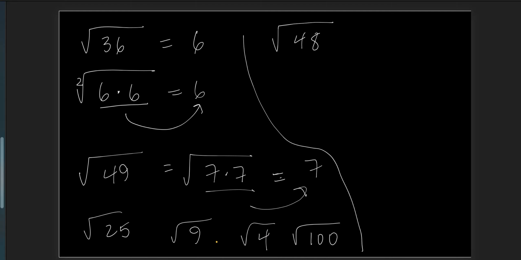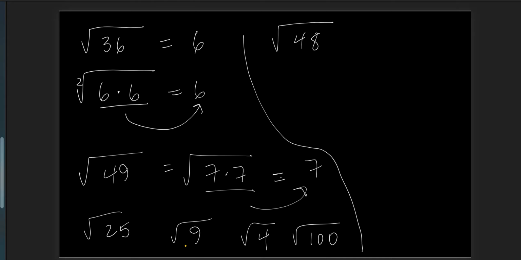Those numbers are called perfect root numbers because we can come up with the answer without having it explained further. So the square root of 36 is 6 because 6 times 6 is 36. Square root of 49 is 7 because 7 times 7 is 49, or 7 squared is 49. 5 times 5 is 25, or 5 squared. 3 times 3 is 9, or 3 squared.